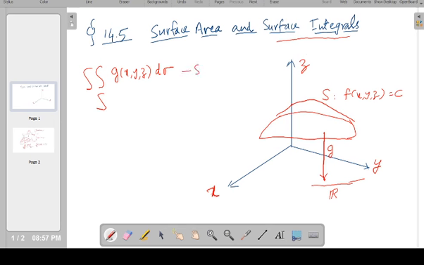This is called a surface integral, not a double integral. Now what is the meaning of this? How do you define it? First we will define what is called surface area. Then we will go to the definition of surface integrals. So I will go to the next slide.